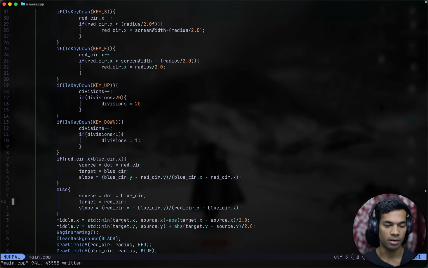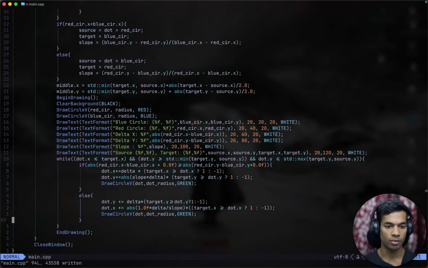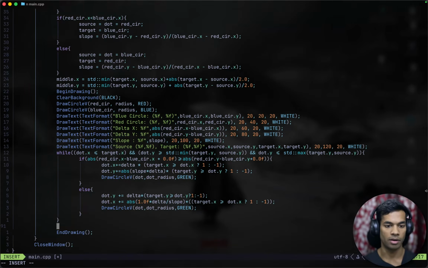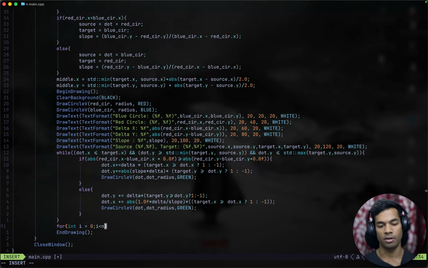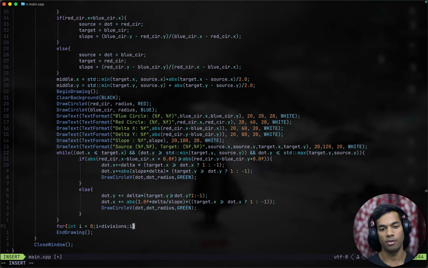And now here, for the division code, it will come here, right? For int i equals 0, i less than divisions, i plus plus.